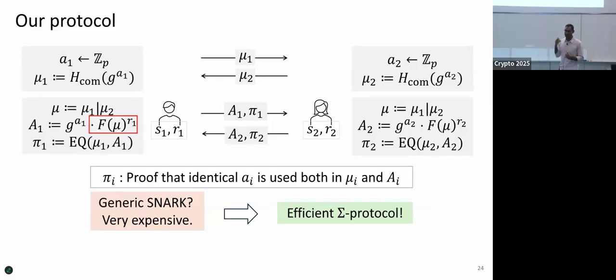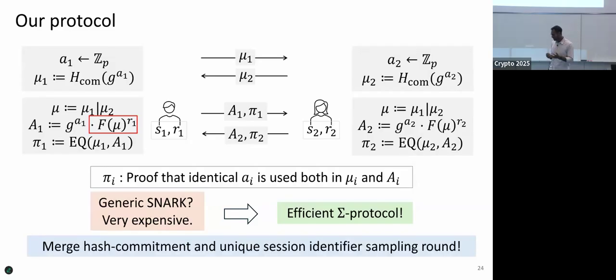There are some tricky details on how we avoid using a generic SNARK. To summarize, to remove a round, we merge the hash commitment phase with the unique session identifier that we need for the security proof to go through. So this gives us from 5 rounds to 4 rounds.